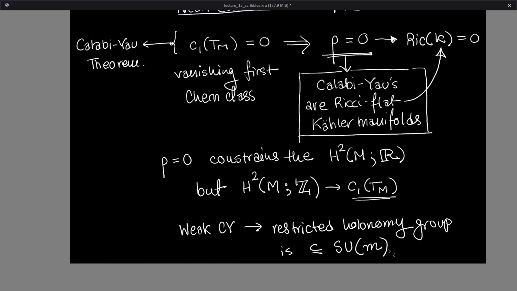Usually you call this SU(n), but since I'm using m as the dimension of the manifold, SU(m). So this is an important restriction on Calabi-Yau manifolds. If you remember, the holonomy group of a general Kähler manifold has to be inside U(m), but for a Calabi-Yau, this gets even further restricted to be inside SU(m). So this is a result of a theorem, the Ambrose-Singer theorem.